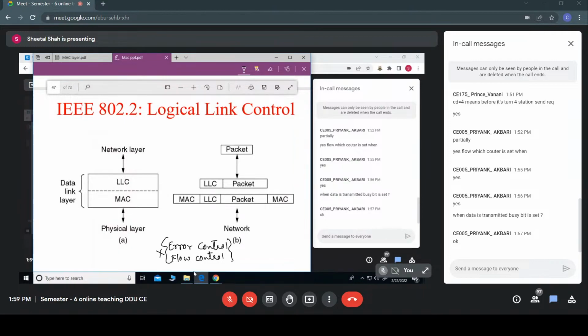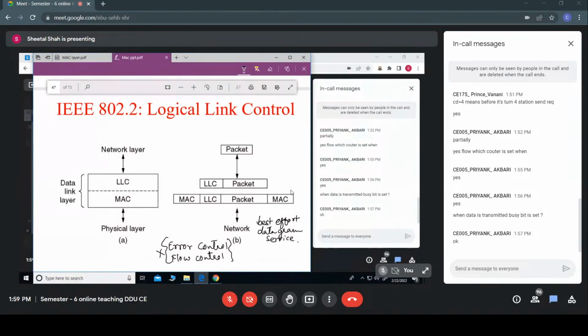For example, if we are using Ethernet, we don't say anything about error control and flow control. So Ethernet or any 802 protocol just offers a best effort service. Best effort means it tries to provide the best service, but it is not necessary that it succeeds every time. It provides a best effort datagram service.